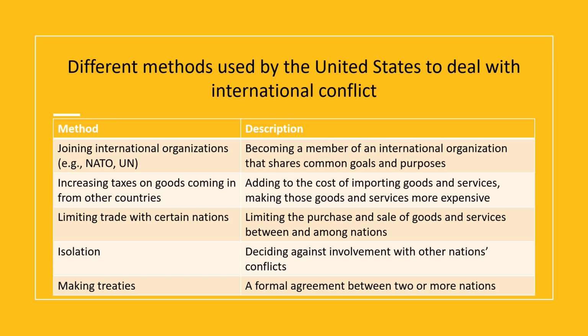The U.S. can also limit trade with certain nations. By limiting the purchase and sale of goods and services between and among nations, the United States can also play a role in trying to address an ongoing or a recent international conflict.